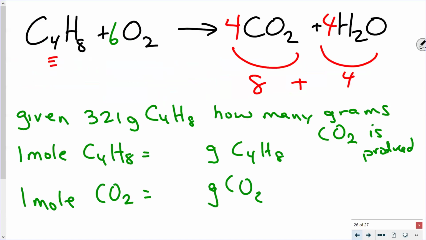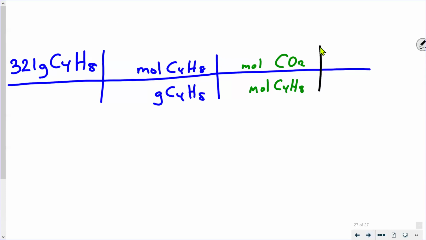But the question wanted grams, right? Yeah. So I need one more step. What goes down here? Moles of CO2. And then on top will be grams, grams of who?